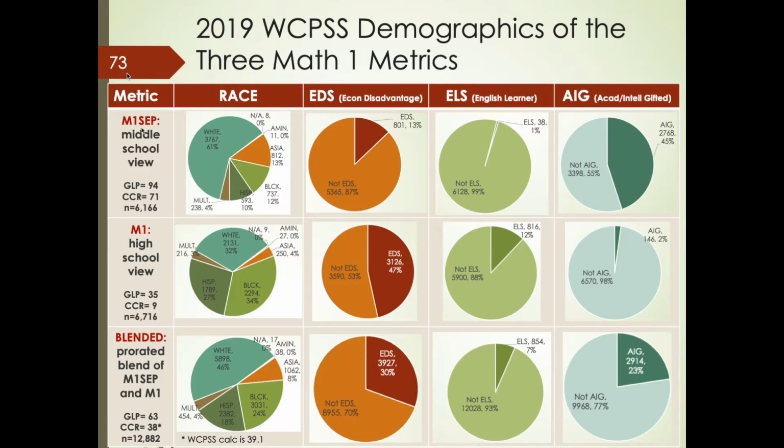We saw the blended number brought out this year as a combination of middle school and high school. But really, when you dig under the covers, you will see to what extent this middle school number makes that up. They're almost half the number of students, the total 6166 versus 6716, but quite a bit of them are AIG students. Compare that to high school, M1. You have almost 50-50 EDS, and then a large majority not AIG.